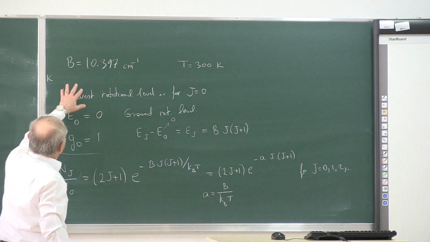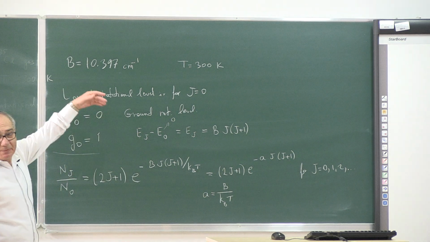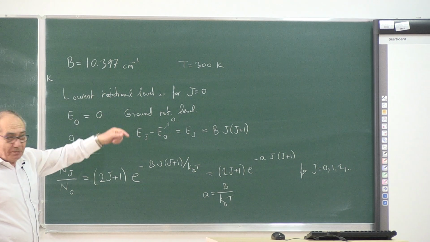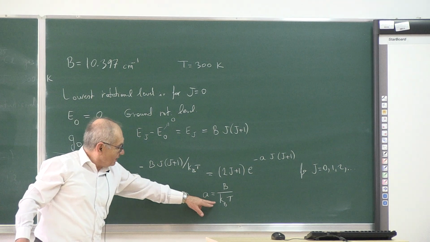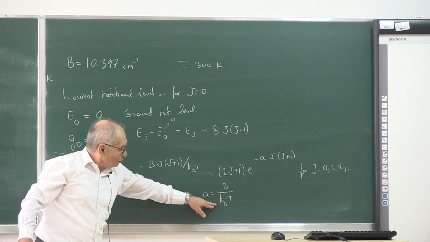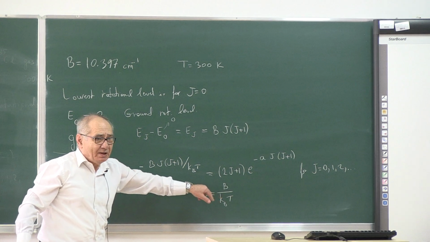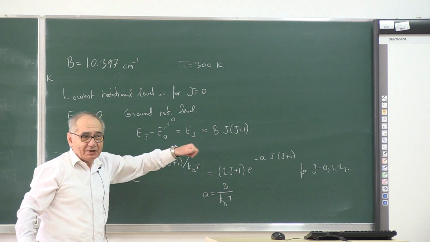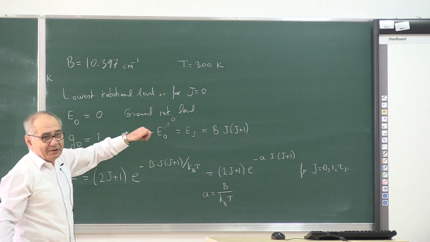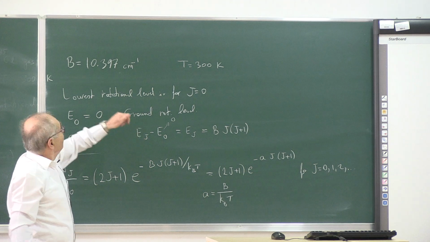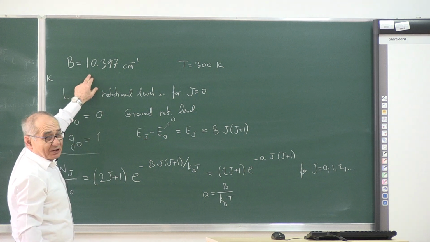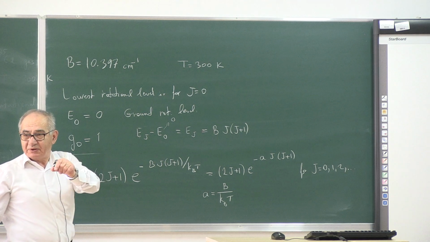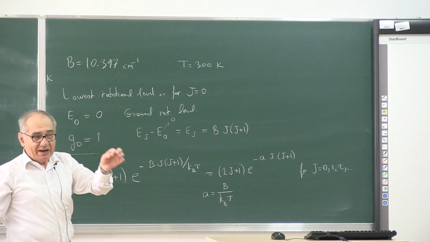What does it mean? Our data is given in another unit, in wave number unit. So when you use SI units for k, the Boltzmann constant, and temperature, you must also change B into SI units. How do you do that? This is energy here. The conversion factor from wave number to joule is hc.